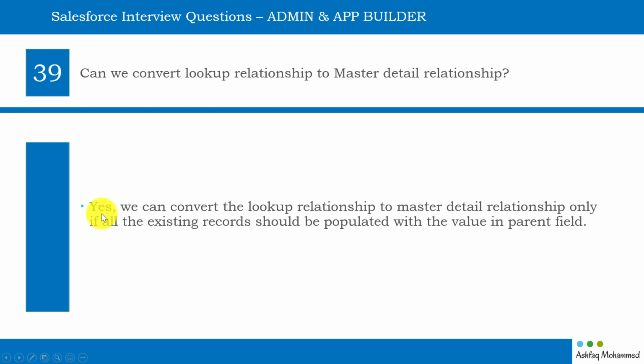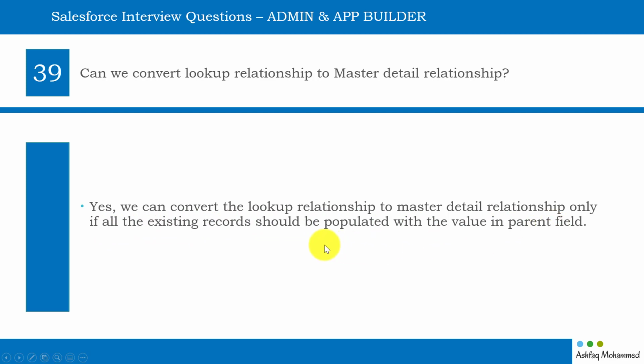We can convert the lookup relationship to master detail, but we have to do some tweaks. We can convert it only if all the existing records are populated with a value in the parent field.